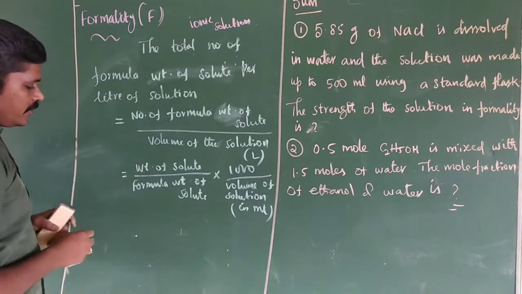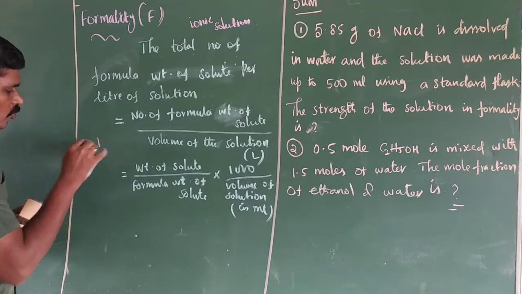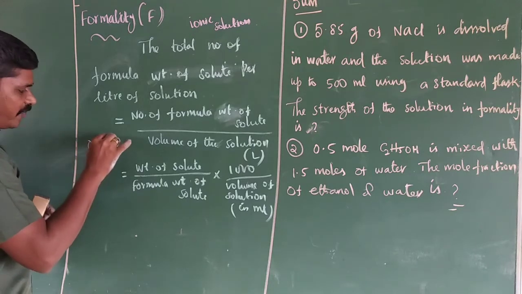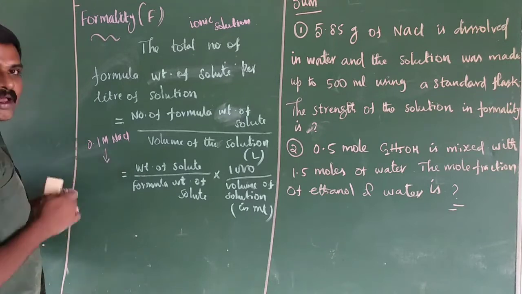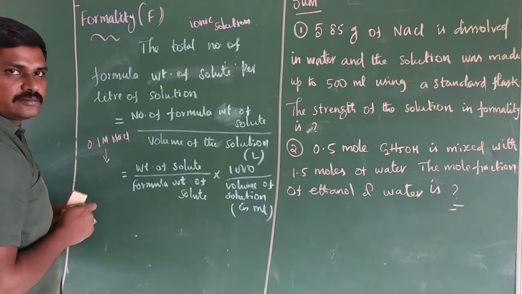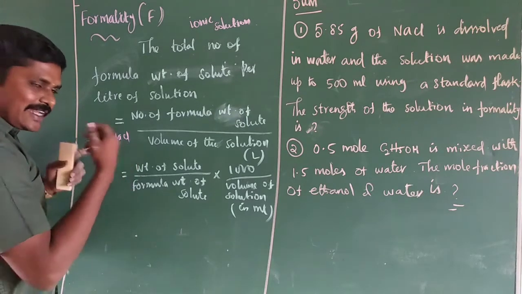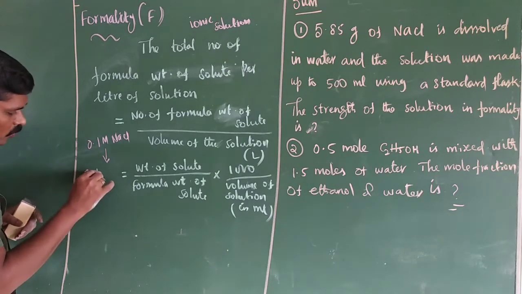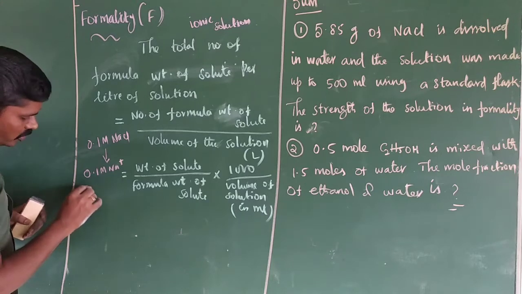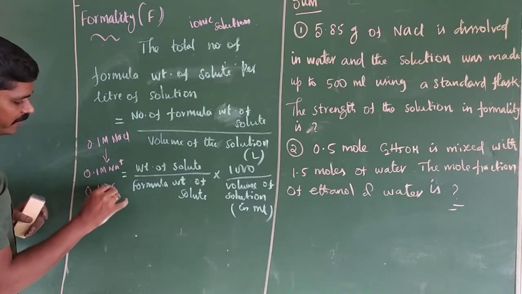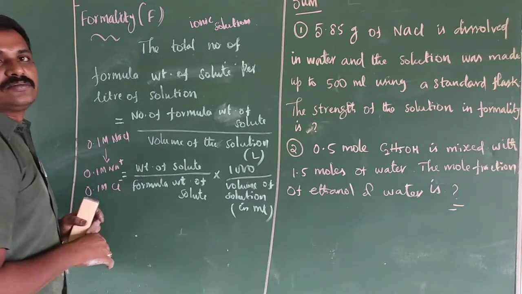Okay, for example, the 0.1 molarity of NaCl is dissolved in water. Are you right? So the water contains 0.1 molarity of Na plus and 0.1 molarity of Cl minus.